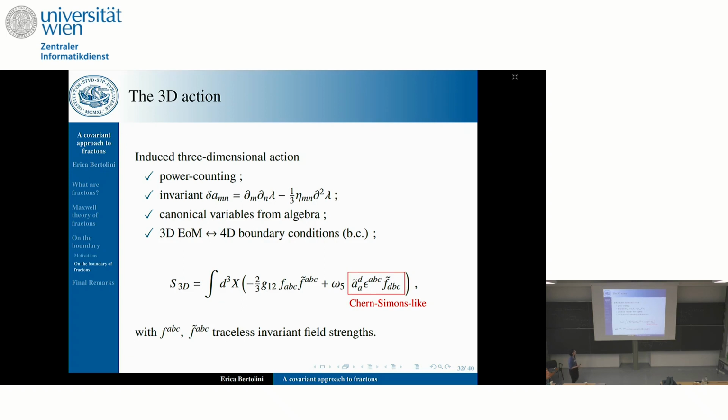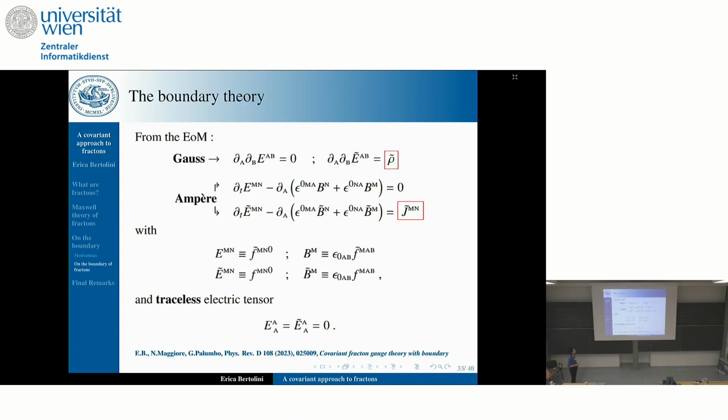And what is this telling us? What are the equations of motion? Again, from the equations of motion, we can identify two Gauss-like equations, one for each field, and an Ampere-like equation, where the Chern-Simons term plays the role of matter. And in particular, the electric tensor field is traceless.